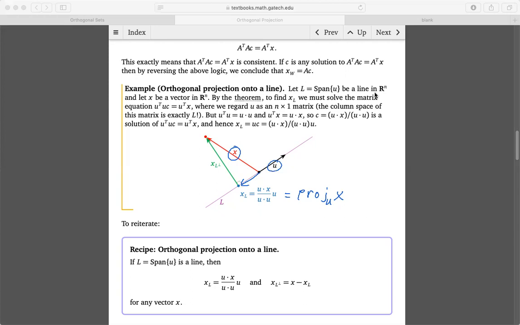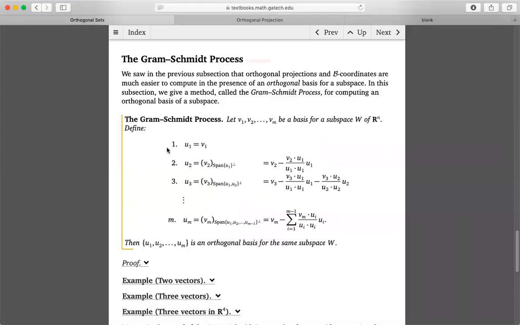So that's the projection. And once we have a good understanding of that, the Gram-Schmidt process almost follows directly from it. So this is the part about the Gram-Schmidt process. And we can see we have that exact formula here.